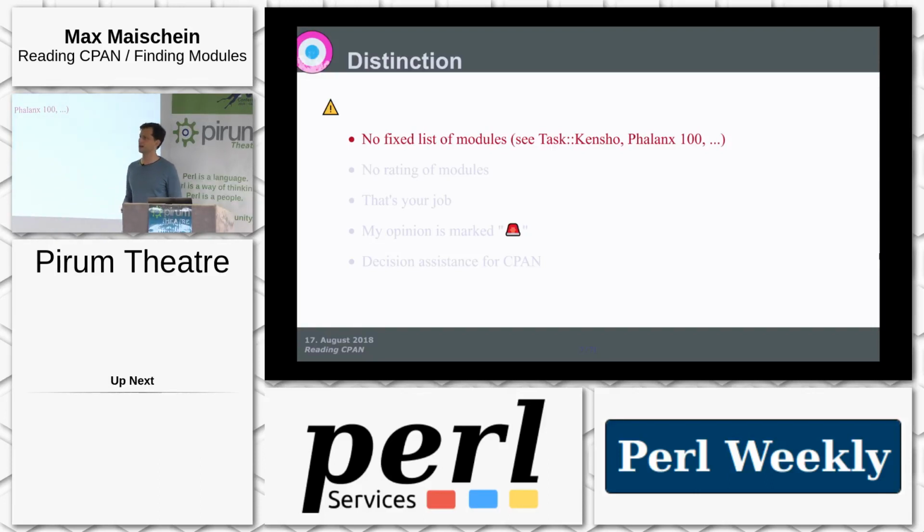So you have to find that out yourself. I'm also trying to avoid publicly rating modules. But I want to give you the tools that I found useful for actually evaluating modules and deciding on modules and whether to try them out or not.